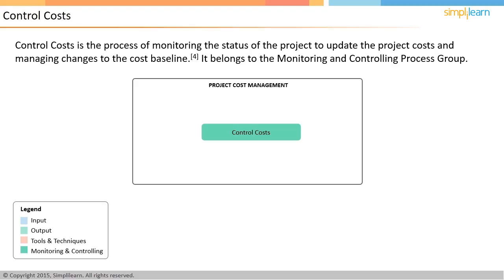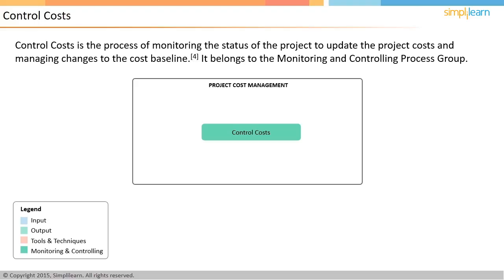Some of the typical activities that happen as part of the control cost process are ensuring that cost expenditure does not exceed the authorized funding, monitor the cost performance to understand variance, and monitoring the work performance against the funds expended.